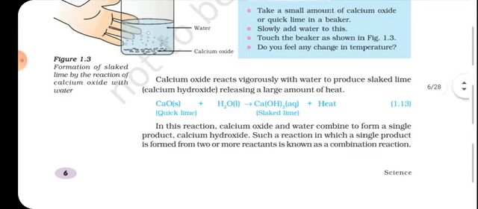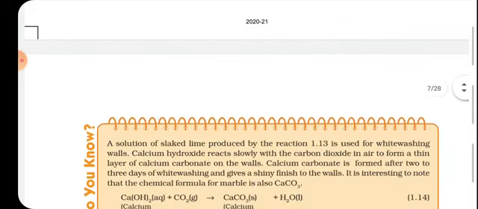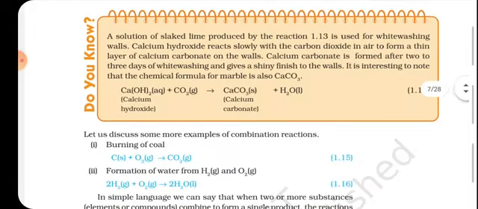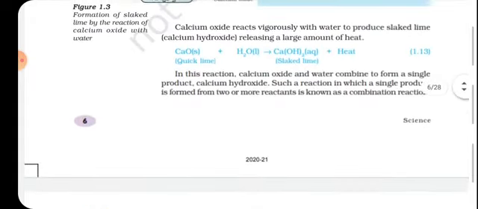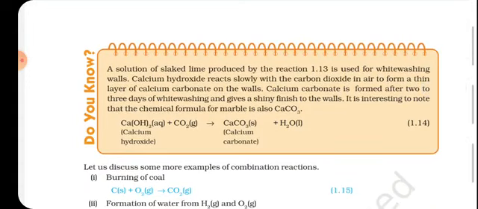It is given here that calcium oxide, also known as quicklime, when reacted with water, that is H2O, gives Ca(OH)2, that is slaked lime, plus heat. You also need to know that calcium oxide, the quicklime, is used for whitewashing walls.